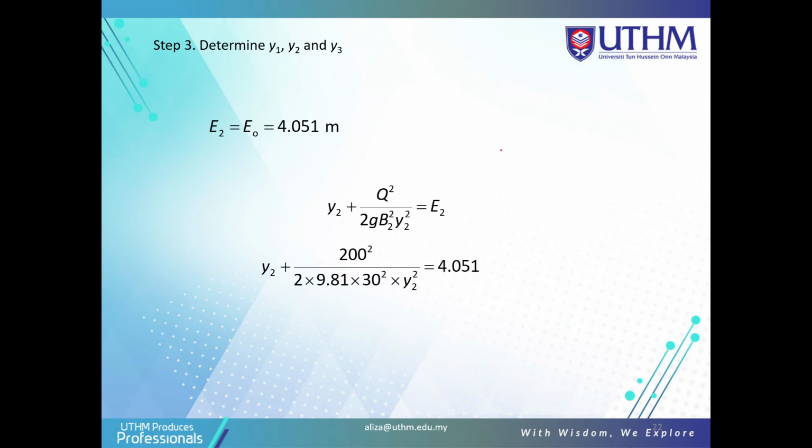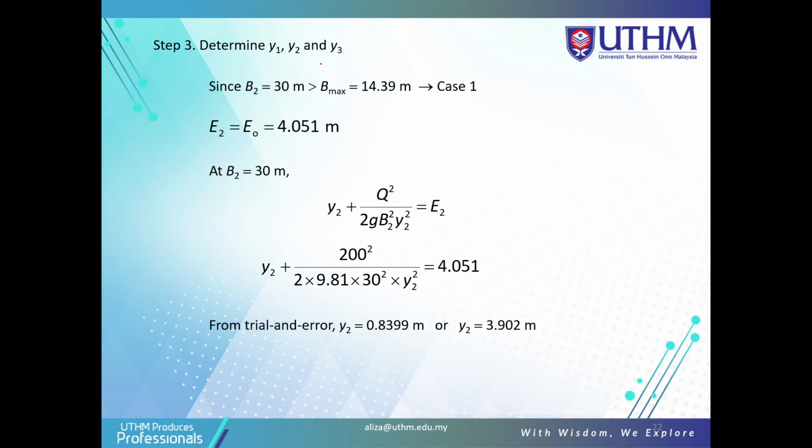So this is step 3 to get the Y1, Y2, and Y3 here. Since B2 is equal to 30 meter and more than B maximum here, we have case 1. So E2 is equal to E naught, with this value.